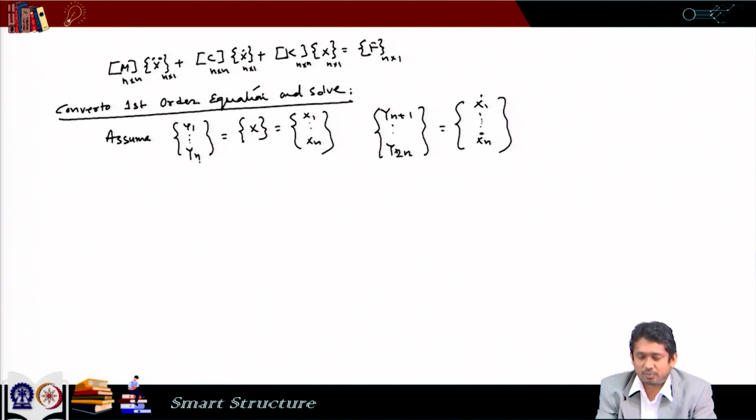So, we have a new vector y, the first n components are just x and the rest of the n components are the derivatives of x with respect to time.